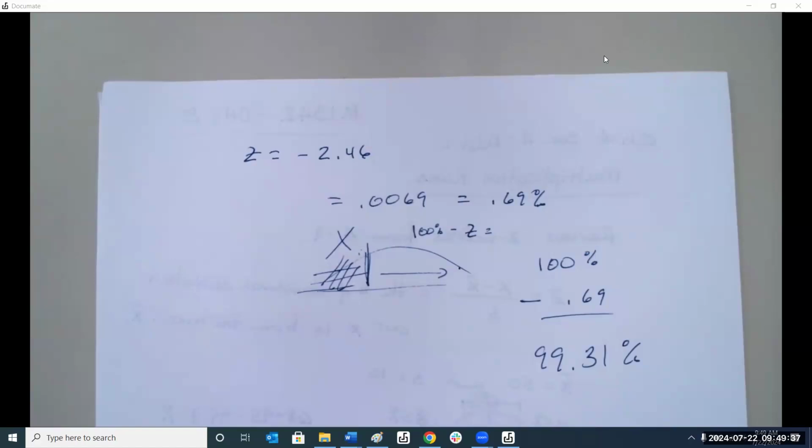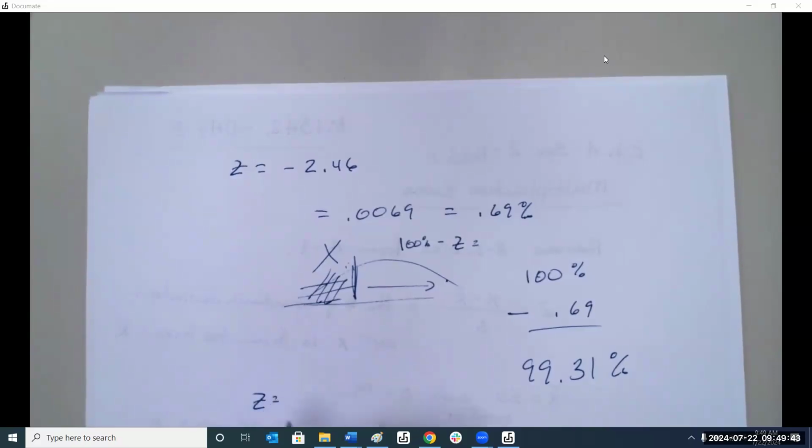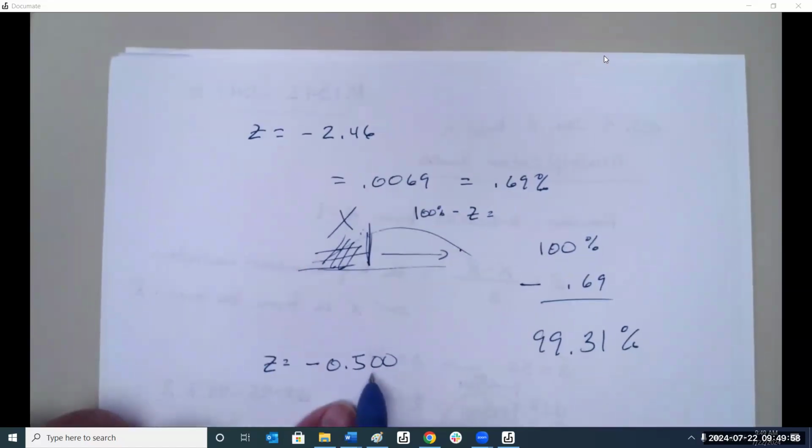Sir, how do we know the column to check? Your z-scores are always going to be 2 decimal places. Like in the first one, where we had minus 0.5, that means the second decimal is 0.